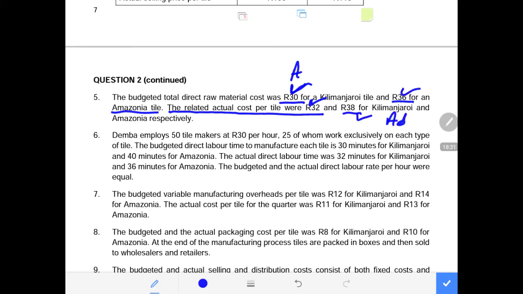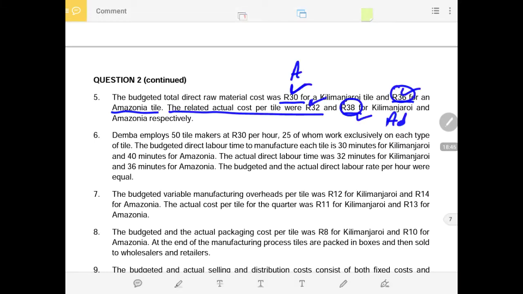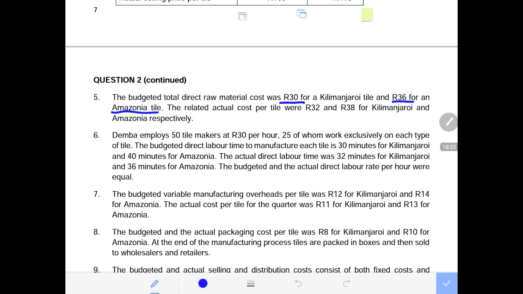Standard price minus actual price, multiplied by the actual quantity purchased. So now this is what you do. Again, standard price, meaning budgeted price, minus actual price, multiply this by the actual quantities of material that were purchased. But I am not there. I'm looking at the budgeted so far. Now this is the material price variance that I'm analyzing.